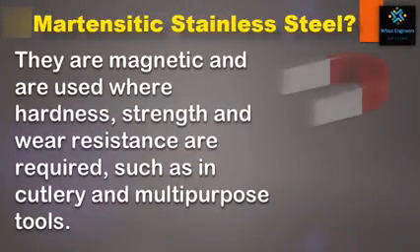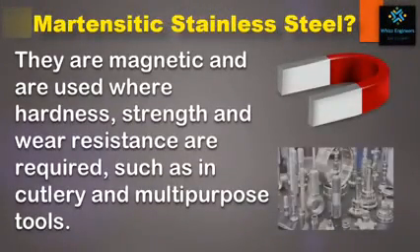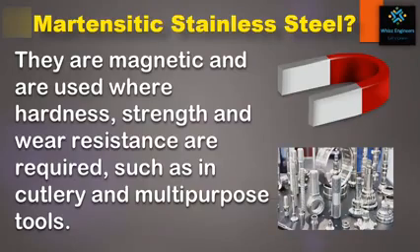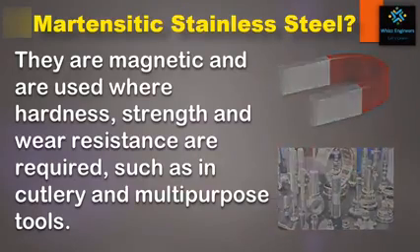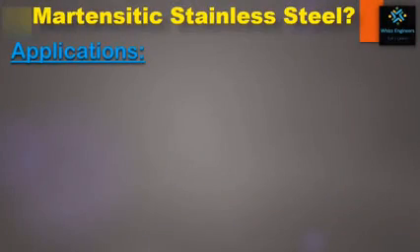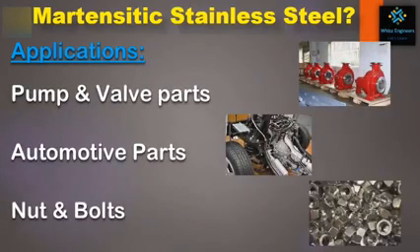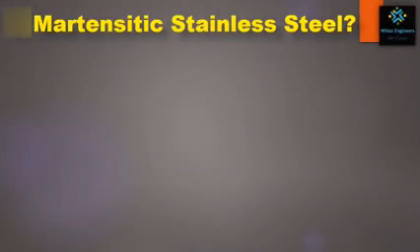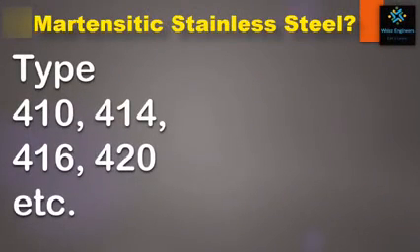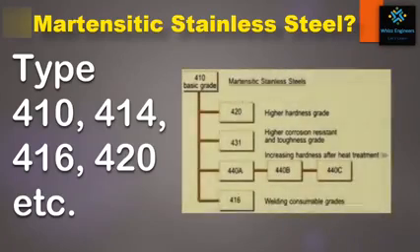They are magnetic and are used where hardness, strength and wear resistance are required, such as cutlery and multi-purpose tools. So this type of steel is generally used in pump and valve parts, automotive parts and nuts and bolts. Let's see some of the grades of martensitic stainless steel: type 410, 414, 416, 420, etc.